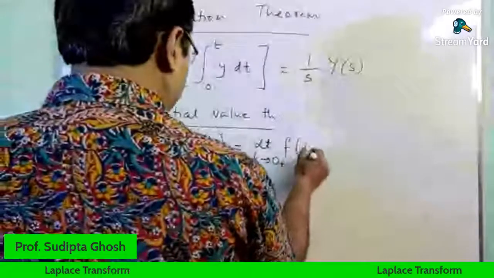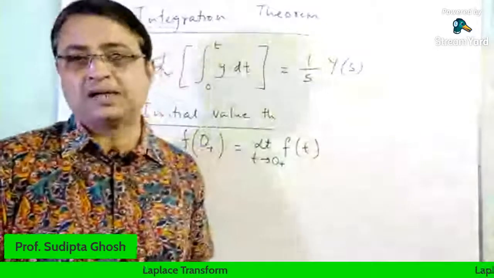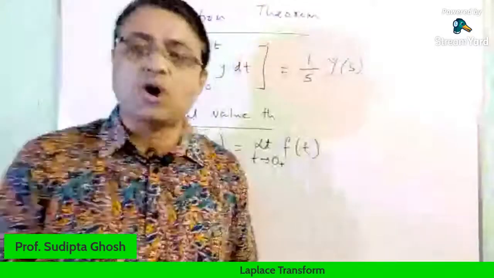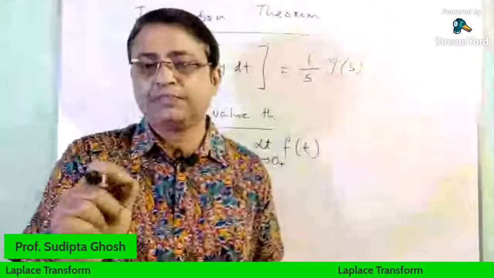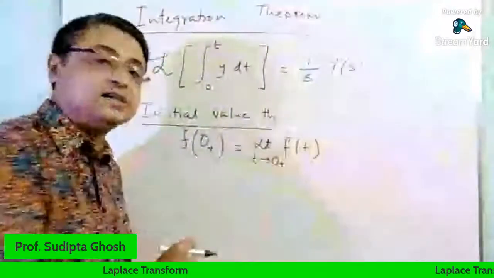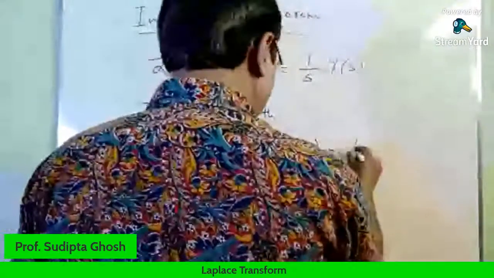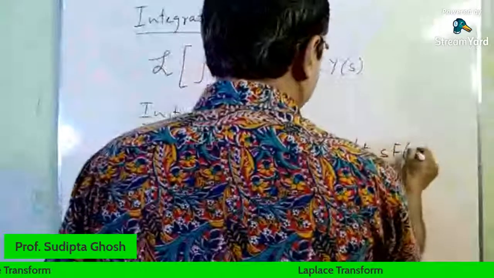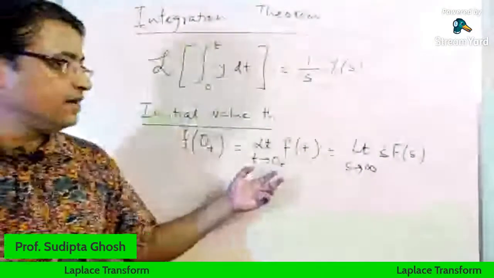So what is f of 0 plus? It is actually the limit as t tends to 0 plus of the value of f of t. That is, you are just switching on the circuit and at that instant of time, that is the 0 plus time. So f of 0 plus means it is the limit t tends to 0 plus f of t, and the transformation value is the limit s tends to infinity of s F(s). As you know, time and frequency are inversely proportional.